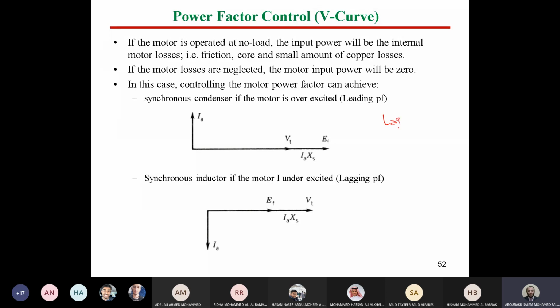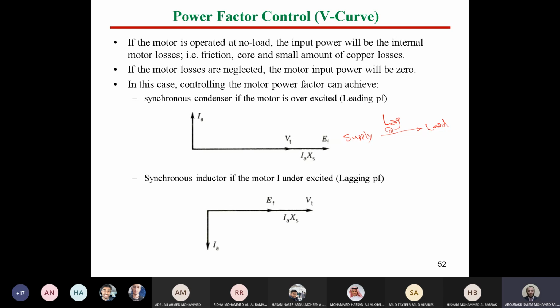The meaning of lag is that reactive power is moving from generator to loads, or from supply to load. Let's make it more general: instead of saying generator, let's say supply. So the meaning of lagging power is that reactive power is moving from supply to load.